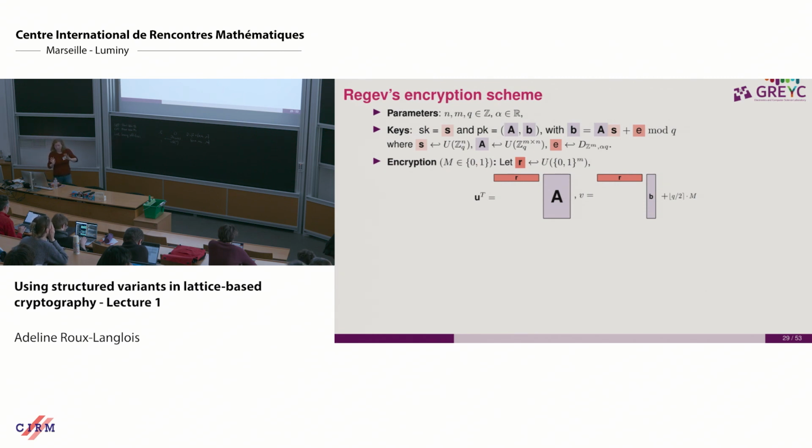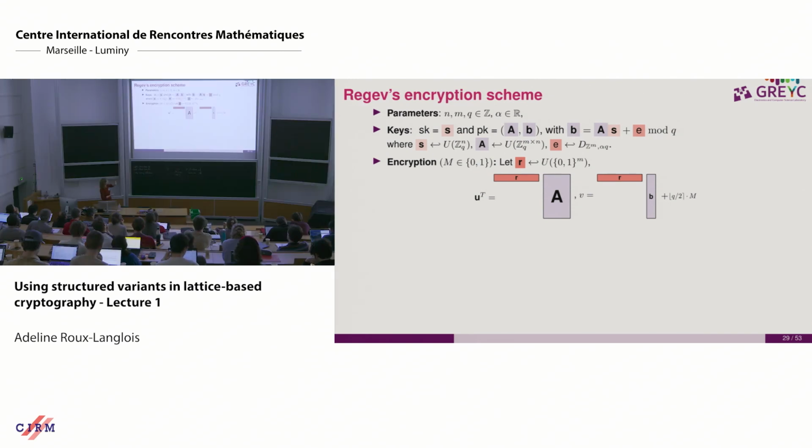Now to start, we will encrypt just one bit, okay? Either I encrypt 0, or I encrypt 1. We start slowly. So M is either 0 or 1. And in a public key encryption, you need some randomness. You cannot have a public key encryption which is deterministic. It doesn't work because anyone can encrypt. As everyone has the public key, if it always gives you the same ciphertext when you encrypt, it's quite easy to find information on your message.